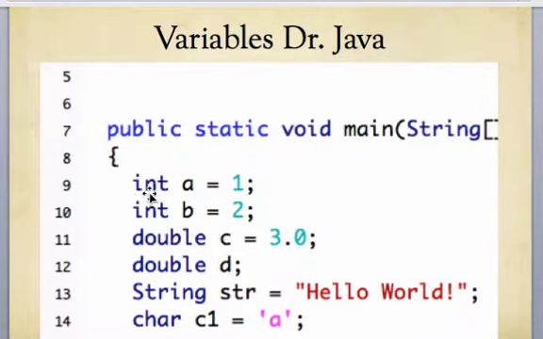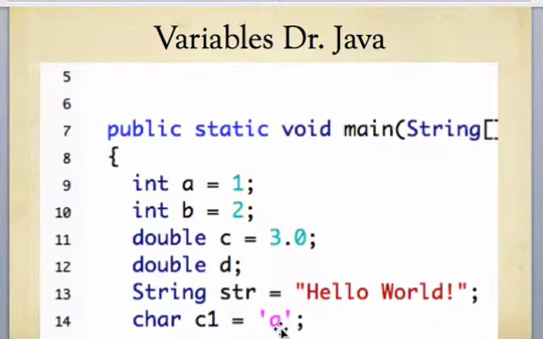All right, I have int a equals 1, int b equals 2, double c is 3.0, and then I declare, and I will use in a moment, double d for something else, and string str is "hello world". Notice that it's in bright red with double quotes, and char c1a.